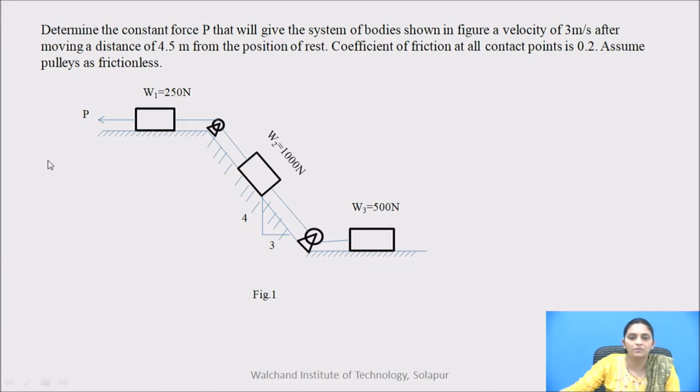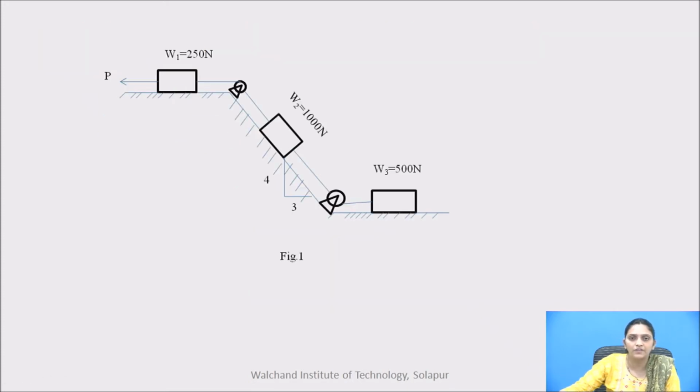Now, how to determine P by using D'Alembert's principle, we will see now. First, we will draw the free body diagram for the individual blocks. For that, remove the support and separate each block from all the connected bodies.